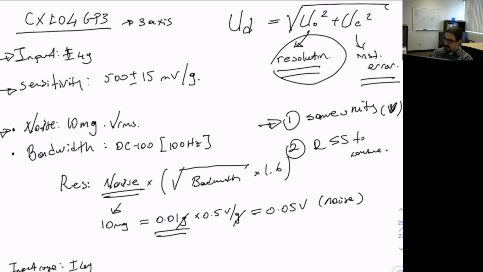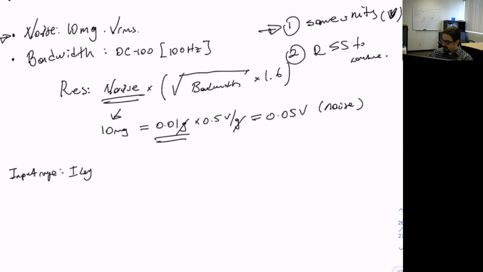So therefore the worst case scenario, input range was plus minus 4 G's, okay, and the worst case scenario is what we want to do in our design stage uncertainty, right? So that means that if we are measuring RMS, I could take my maximum acceleration that I will get as 4G.